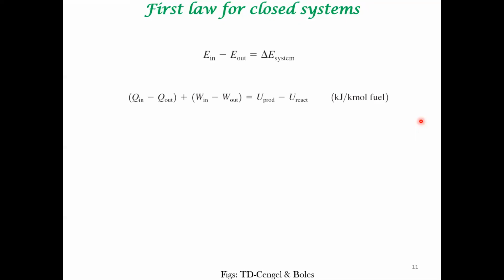So it's just the first law, energy balance here, which we've done many times over. So you use the relationship between internal energy and enthalpy to specify internal energy. Why? Because with respect to chemically reacting systems, all the tables will specify enthalpy.